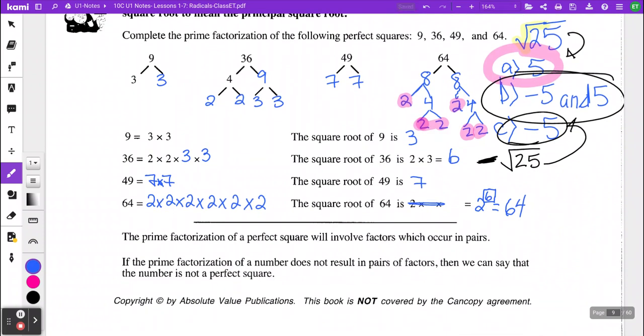And what we're going to notice is the prime factorization of any perfect square will always involve pairs of the same number. So when I take a look at the 49, 7s, there's 2 of them. That's a pair. If I look at 36, I have a pair of 2s and a pair of 3s. So they're always going to come down in pairs.